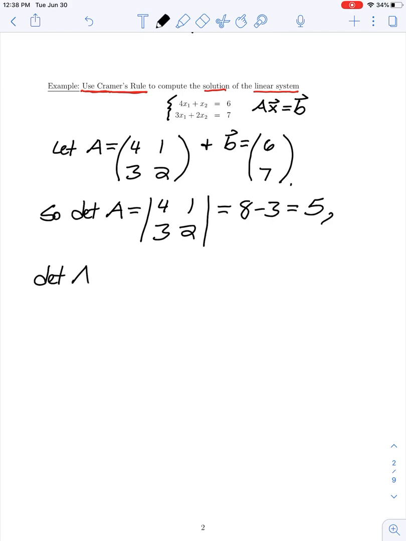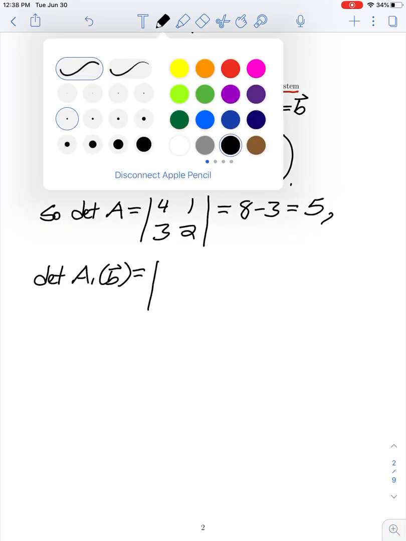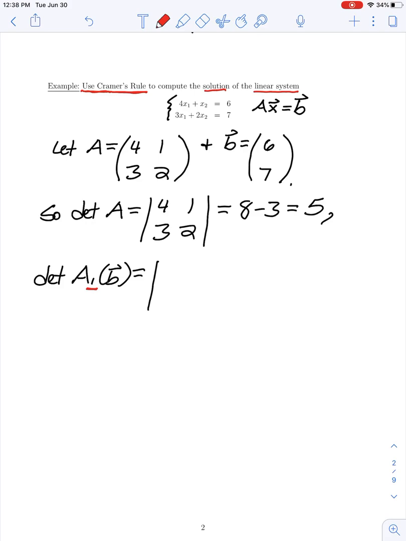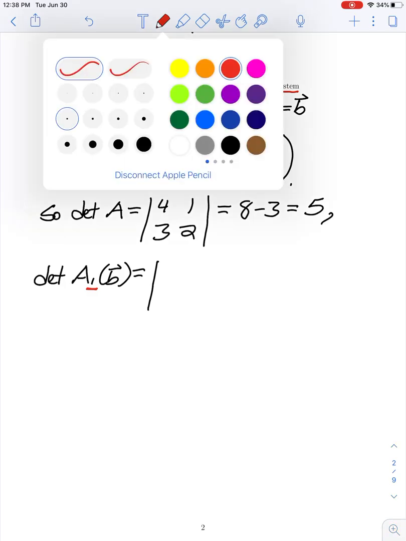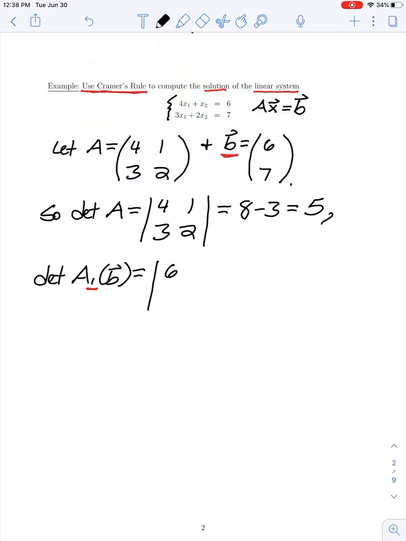Here, A sub 1 of b is the matrix we get by replacing the first column of the matrix A by the vector b. Recall b was the vector 6, 7, so the first column will be 6, 7, and the second column of the matrix A remains the same, 1, 2. So for our determinant, we have 12 minus 7, which is 5.